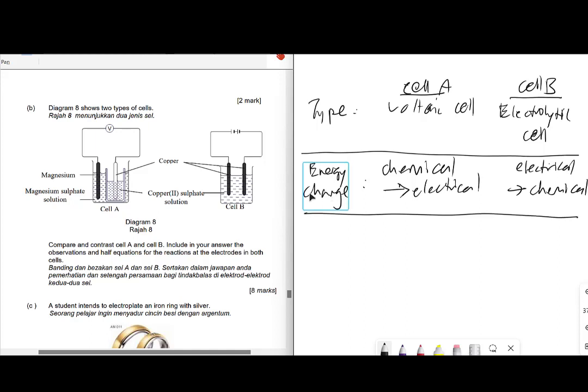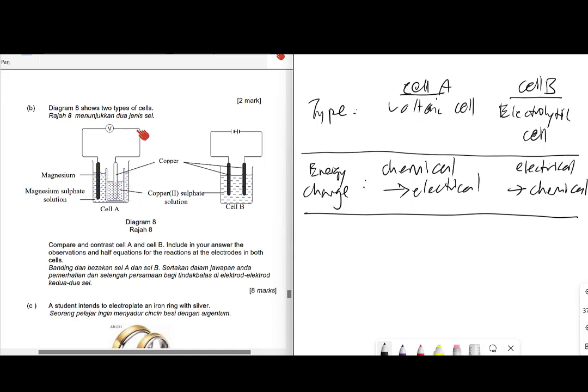What kind of change can you also tell here? Because we should already have 2 marks here, for the third mark and the following marks, you can just explain what reaction is happening in both separate cells. First we try to figure out what kind of ions are present in the electrolytes.